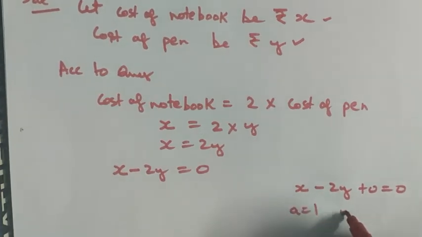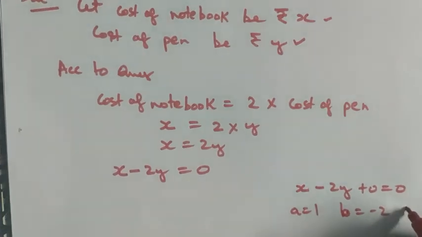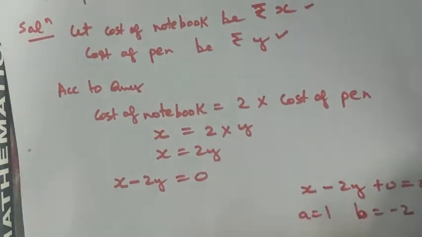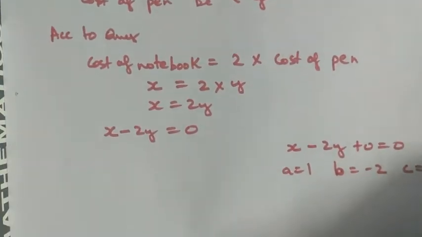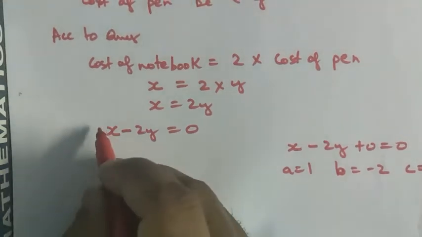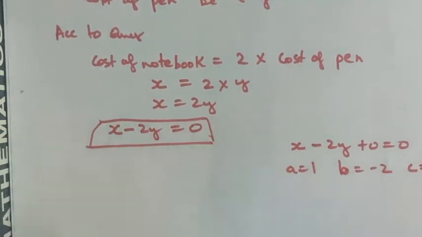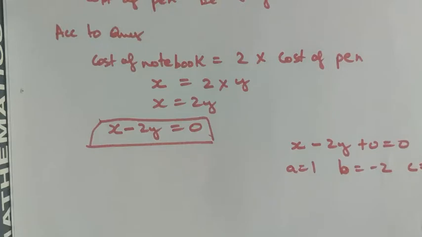Coefficient of y, that is b, equals minus 2. And the constant c equals 0. But this is not asked in the question. In the question you only have to form the equation. So this is the equation we have formed, that is the linear equation in two variables.